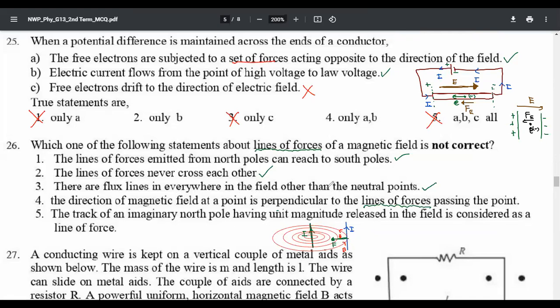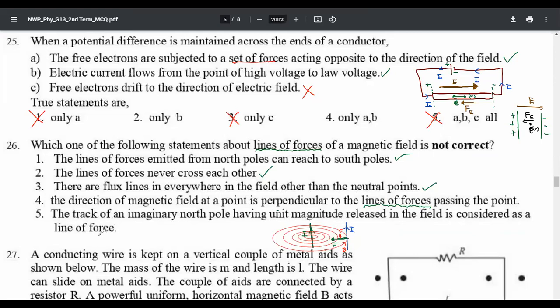No, the direction of magnetic field and the direction of field lines are the same. We denote the magnetic field's direction by field lines. So the fourth seems problematic to me.